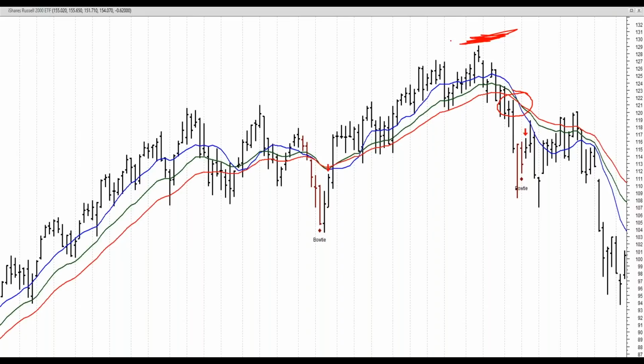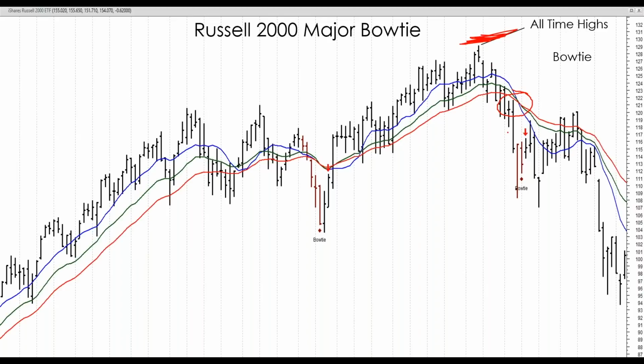Now, what's impressive is this major bow tie back in 2016, from the trigger, which would be right about there, the Russell 2000, which is a broad-based index, dropped nearly 18%. The media defines a bear market as a 20% drop.